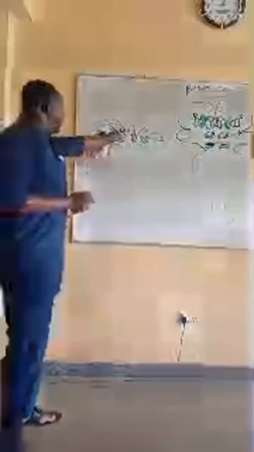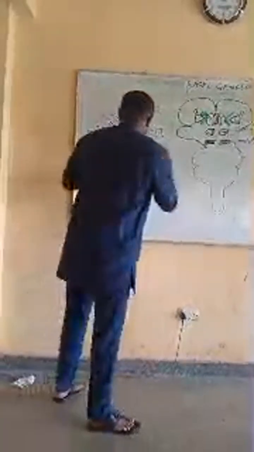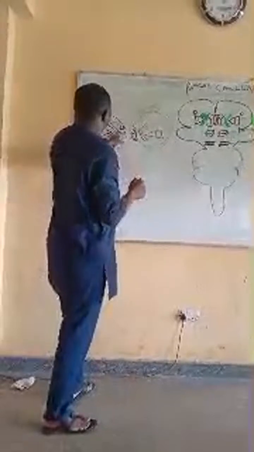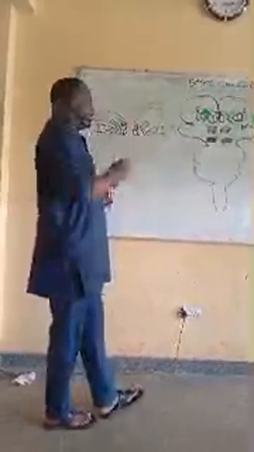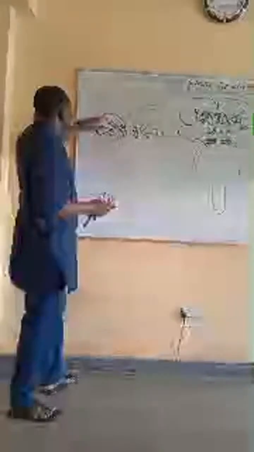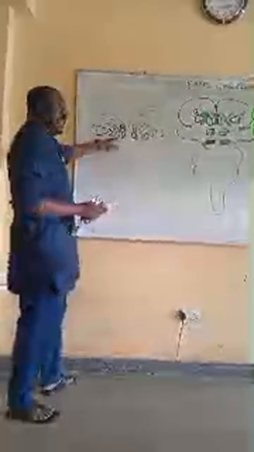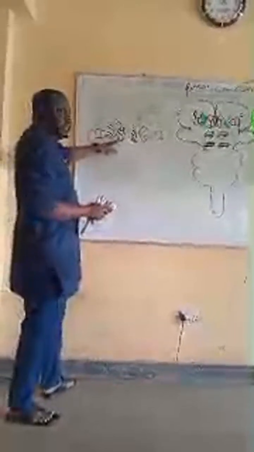So we have the head of the caudate, the body of the caudate, and the tail of the caudate. Right? And then we have the internal capsule. The thalamus. Now just picture this like a rat, a rat that has a head, a body, and a tail.